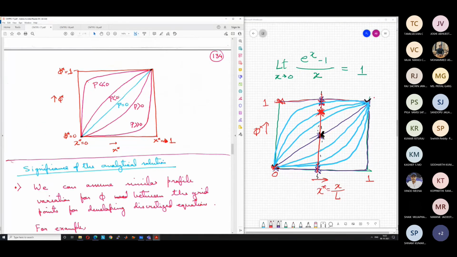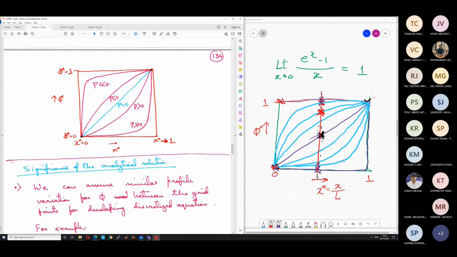So it estimates that there is a strong effect of diffusion, but in reality, for very large flow values, the effect of diffusion is negligible, as shown from the analytical solution. What is the significance of this analytical solution?